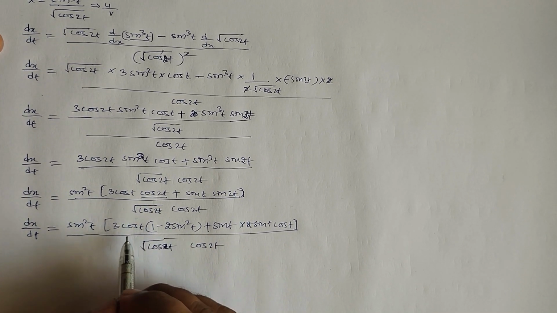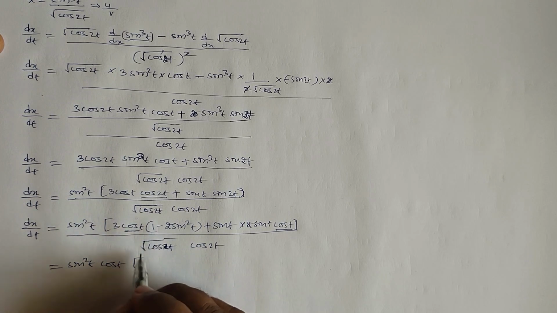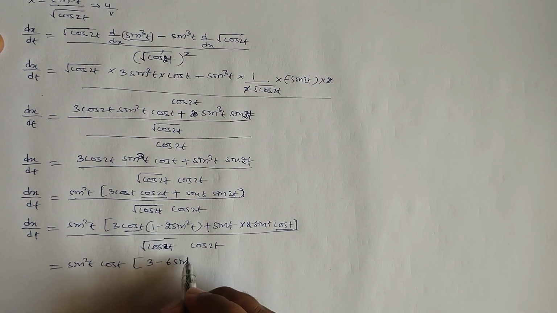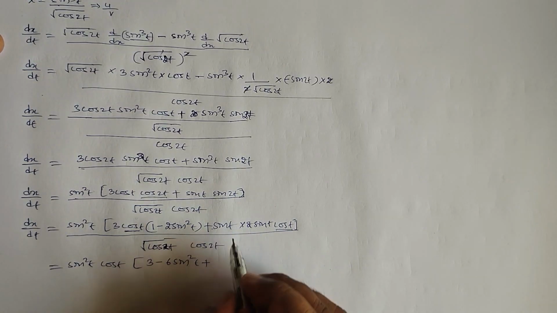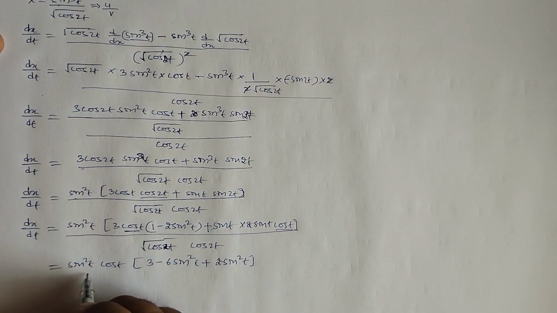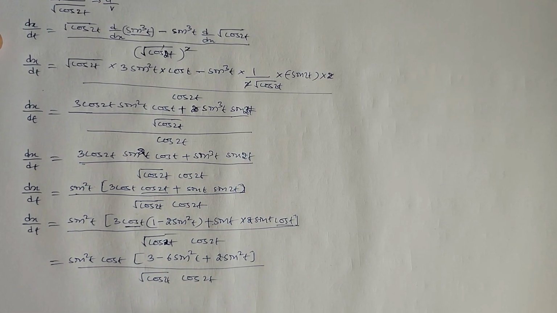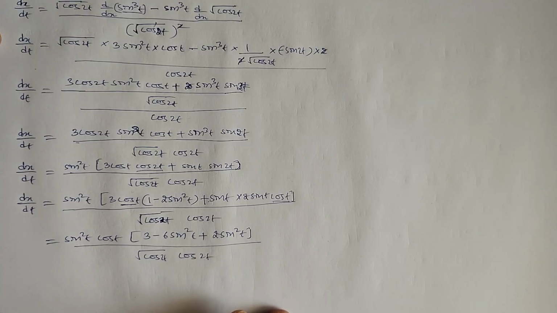Now take cos t as a common factor, that becomes sin square t into cos t. That is equal to 3 inside, 3 into 2 is 6 sin square t. Next plus cos t outside, 2 sin t into sin t becomes sin square t, divided by root cos 2t into cos 2t.